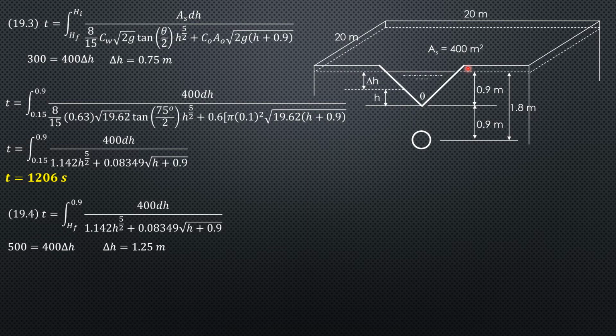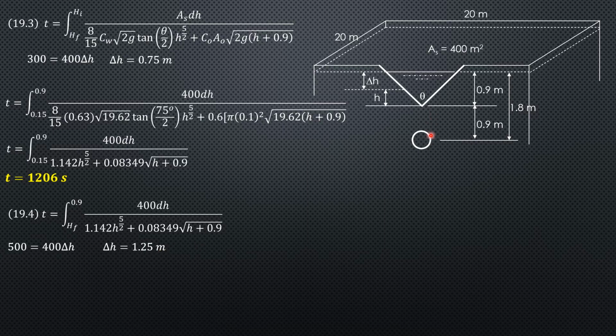When the head drops to the apex, then it's only the orifice that is open and flowing. So therefore, we should evaluate two times. One is when the water surface drops to the apex, and the second is when the surface drops from this apex, then 0.35, because 0.9 plus 0.35 is 1.25.